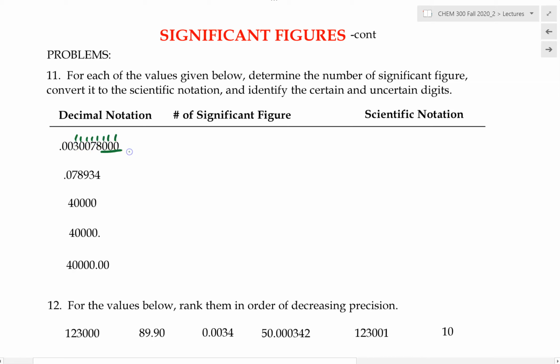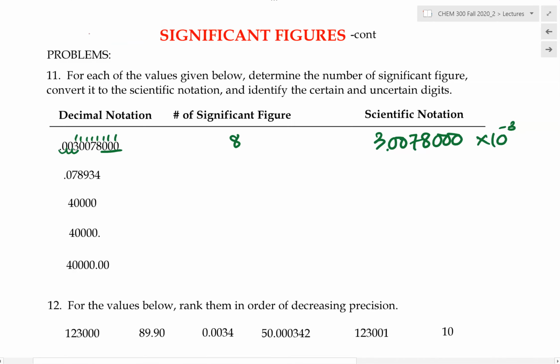These 3 trailing 0 right here are significant. So 8 significant figures. And when we convert this into the scientific notation, we have to move the decimal to the right 3 times, right? So 3.0078, and now we have to carry the last 30 over, followed by times 10 to the negative 3.